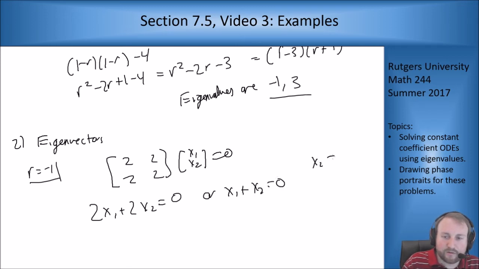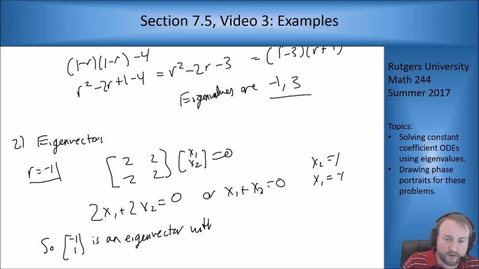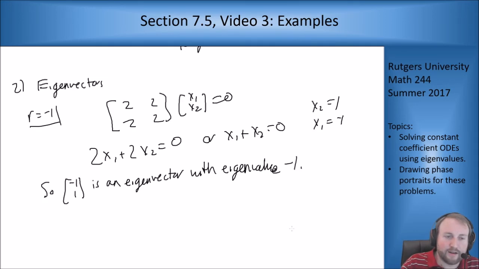So if x2 equals 1, x1 equals minus 1. So minus 1, 1 is an eigenvector with eigenvalue minus 1. And I can look at 3 as well. So r equals 3: minus 2, 2, 2, minus 2.